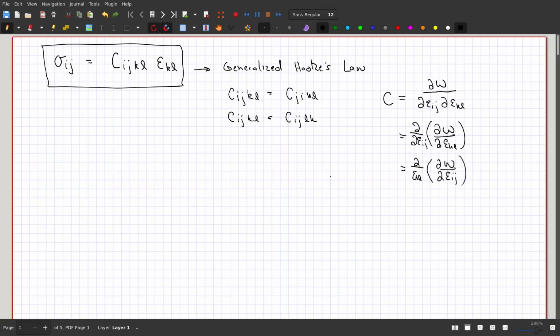We can do the order of differentiation differently, and we'll get the same result, right? So because of that, we also have that C ij KL is equal to C KL ij, right? So that's called major symmetry. And the others are called minor symmetries. So with those major and minor symmetries, things reduce down to 21 components.